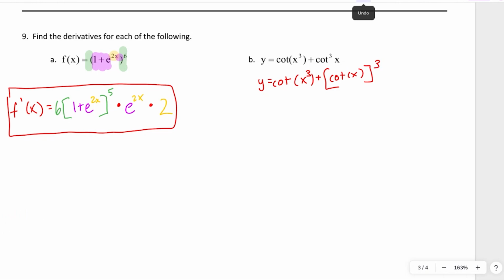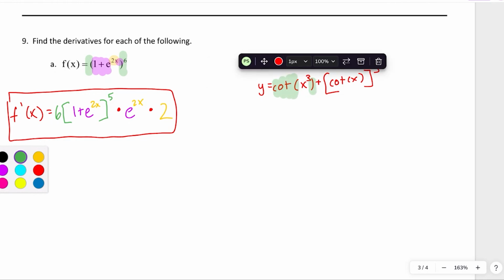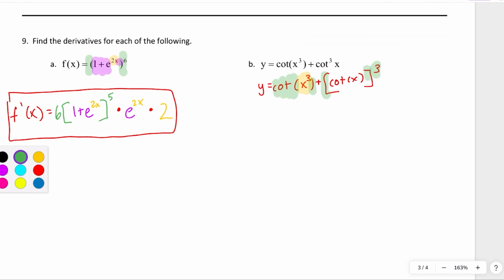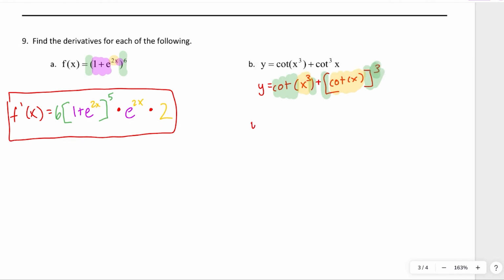Okay, so we're going to have 2 instances of the chain rule here. For that first term, the outside function is cotangent and the inside function is x cubed. But on the second one, the outside function is actually quantity cubed, and the inside function is cotangent x. So we'll do this one at a time.